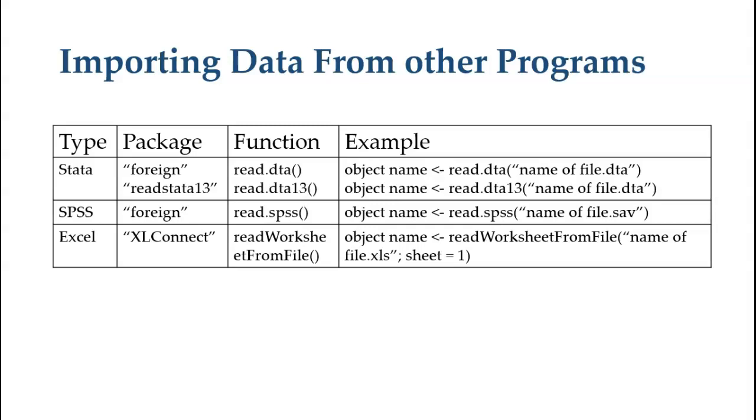Especially Stata is very common. So it is important for you guys to learn how to import a dataset that is in a .dta format, which is the Stata format, I'm sorry.